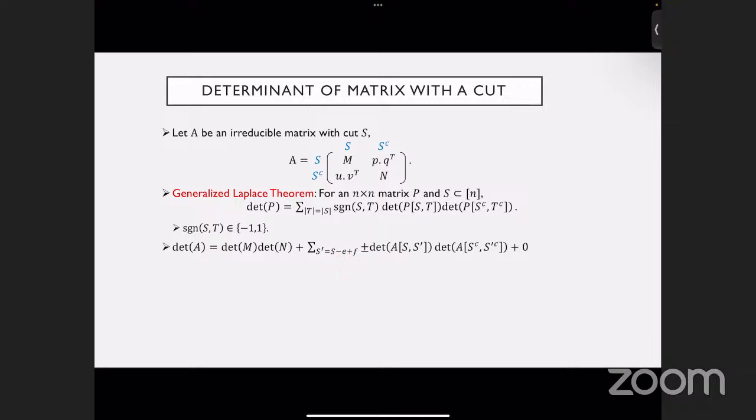I claim that any other terms will be equal to 0, because if it differs from S by more than one element, then there will exist two rows which can be written as a multiple of each other. So that's why it will contribute 0 to this sum. It can be shown that this second term can be written as a product of the determinants of these two matrices.